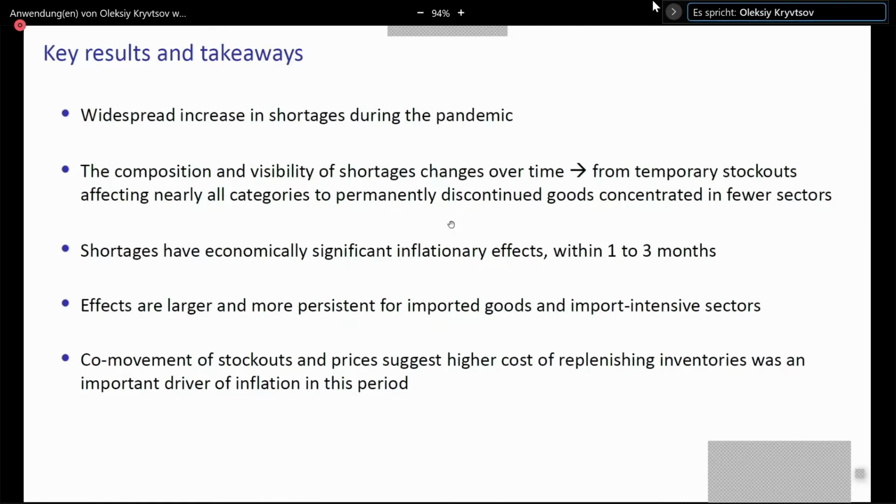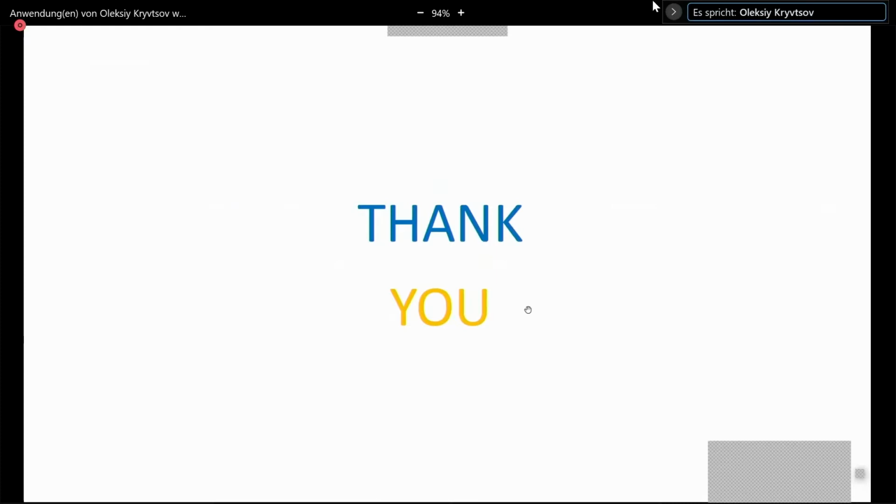What we document is that these shortages lead to a relatively fast inflationary response of sector prices, and that we can trace these responses back to whether sectors are more exposed to trade and possibly to supply chain disruptions. Overall, the joint dynamics of prices and stockouts suggest that the higher cost of replenishing stocks has been an important driver of inflation during this period.